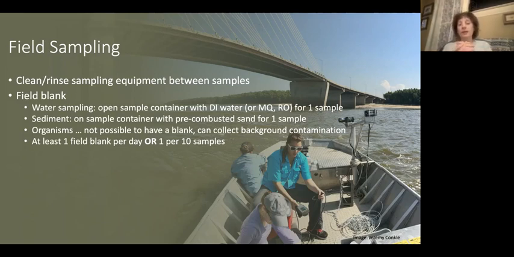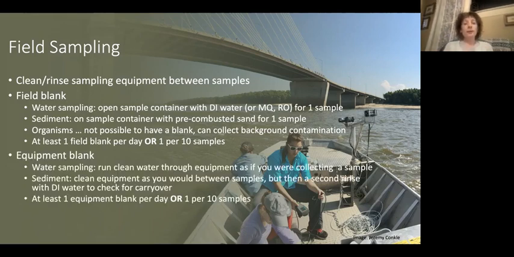And you want to have at least one field blank per day, or 1 per 10 samples is kind of a general rough rule. For equipment blanks, it's important to run clean water through equipment as if you were collecting a sample. This is something that is also often referred to as a procedural blank.